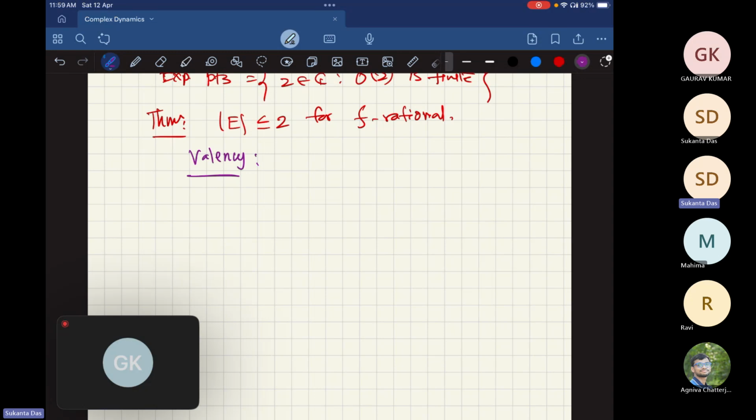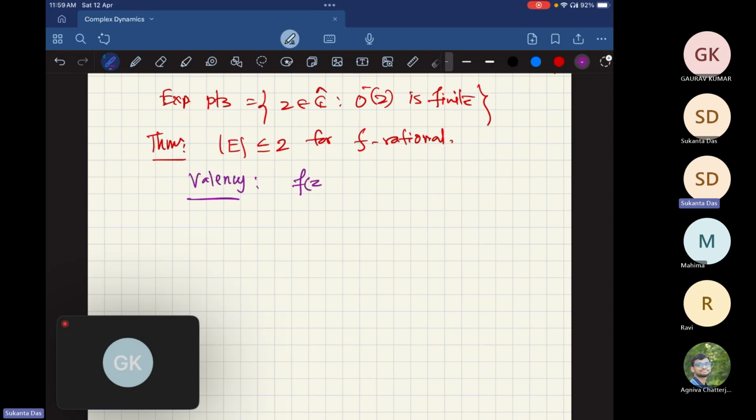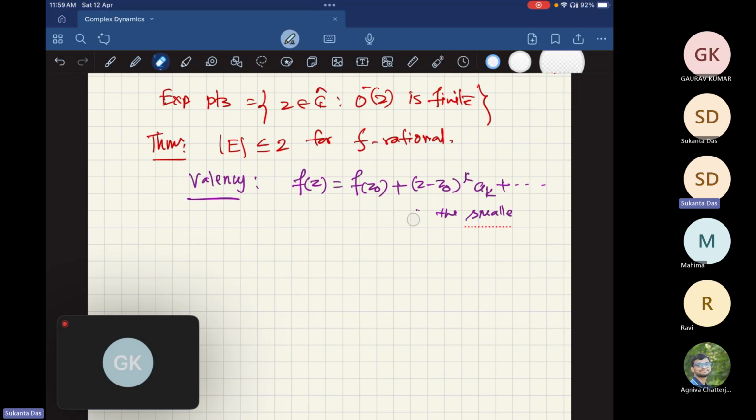The valency of a rational function at a point: say we write f(z) = f(z0) + (z - z0)^k a_k + ..., where k is the smallest natural number such that a_k is non-zero.